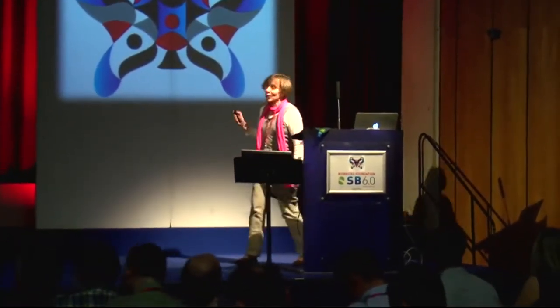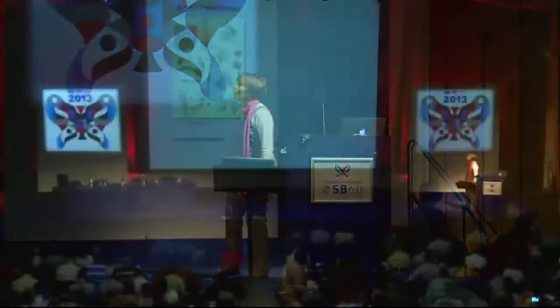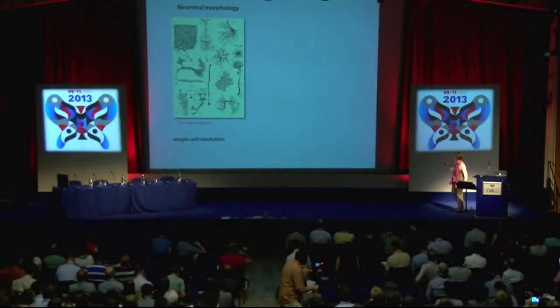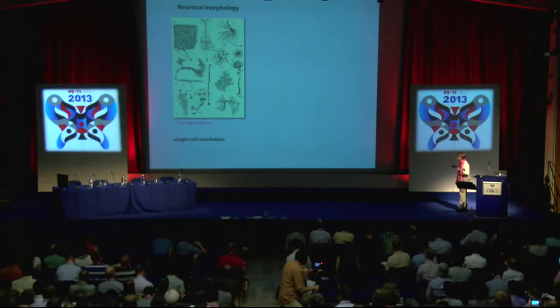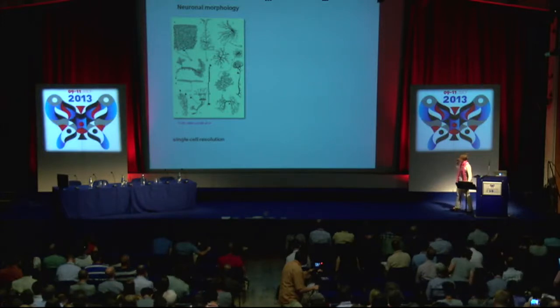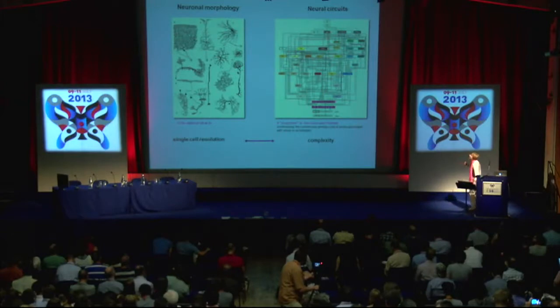Okay, so let's look at the complexity of the nervous system. If you're a neurobiologist, you're utterly fascinated by neurons. They are amazing in their diversity and have elaborate shapes. And clearly, their morphology is telling us something about their role in connectivity in neural circuits.